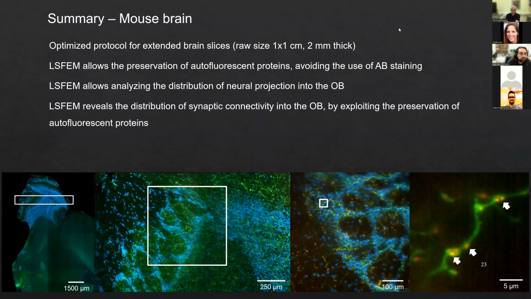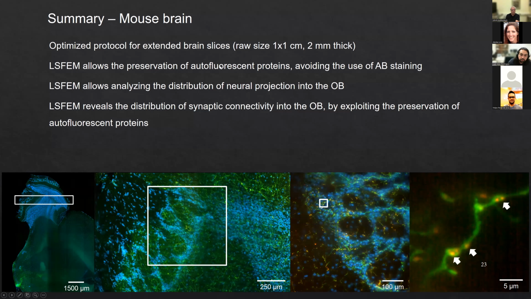So to summarize, we have an optimized protocol for these thick samples. So 2 millimeter thick samples means that after expansion, these samples will be 8 millimeter thick. So that's something that is not that easy to put under a microscope, as you would guess.